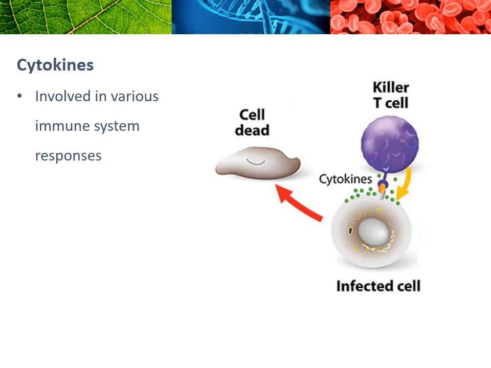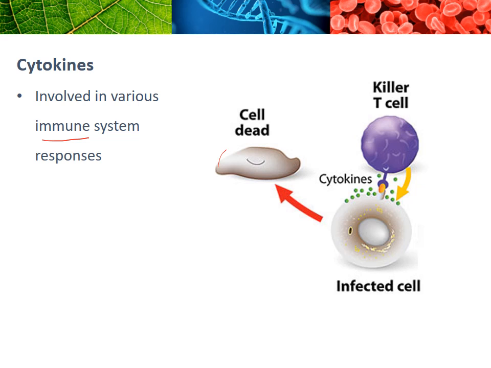Okay, our last signaling molecule that we're going to look at are called cytokines. We'll actually come back to these when we look at the immune system, because as you can see here, they are involved in various immune responses. So they're specific molecules that are only used in the immune system. Don't confuse them with cytokinins, which was one of the plant hormones.